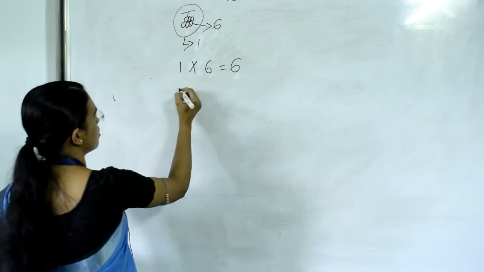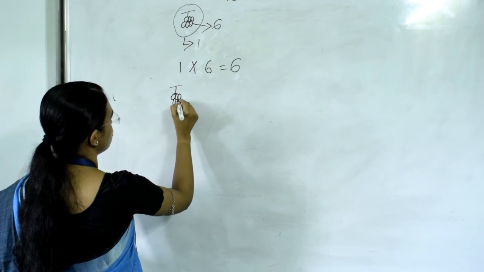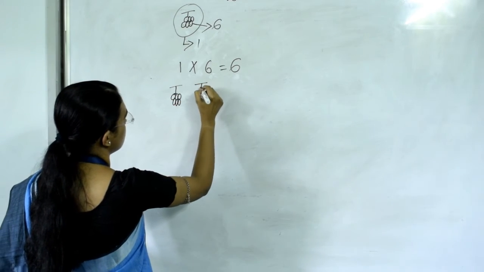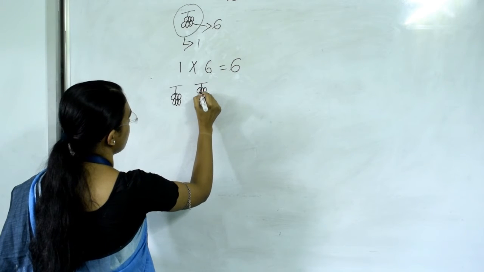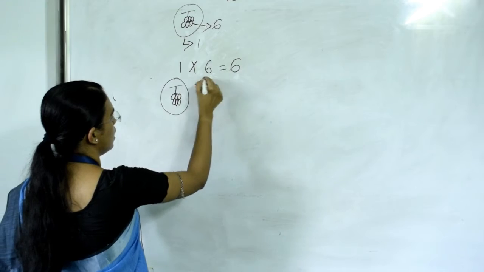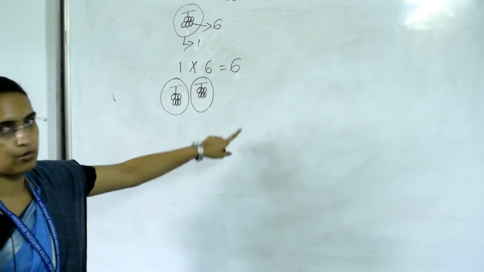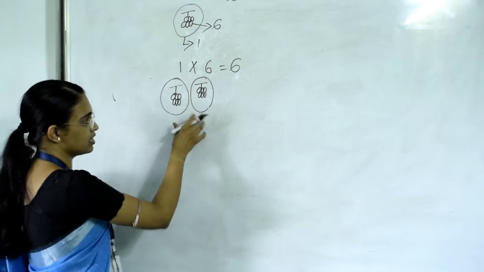Now next, there are 2 bunches of grapes, and each bunch has how many grapes? 1, 2 bunches of grapes, and each bunch has 6 grapes. So how will we write this one?